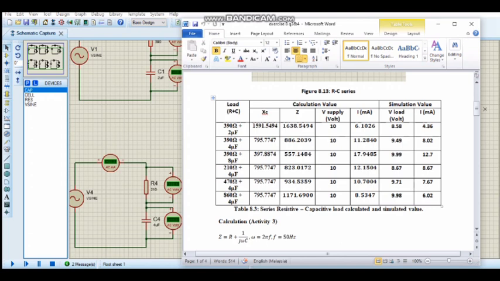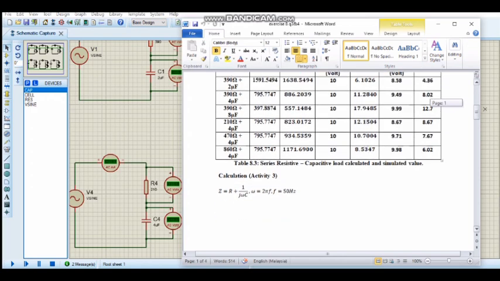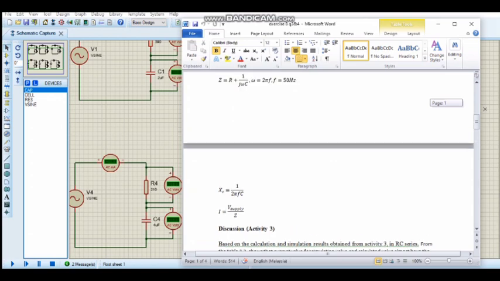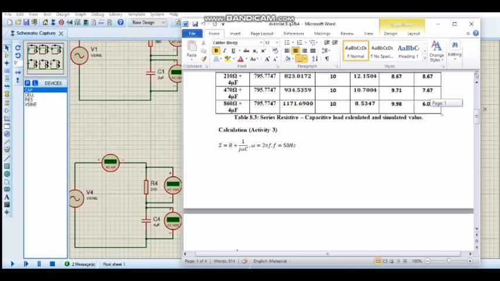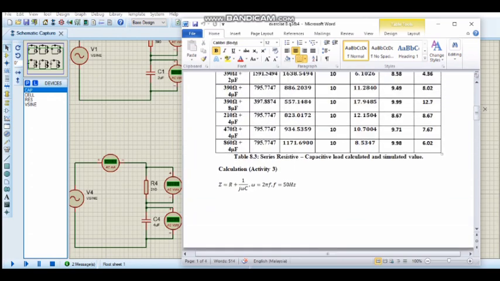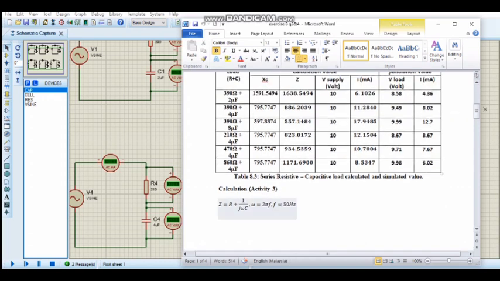For XC, the formula is 1 over omega C, and how to get the omega? Omega is 2 pi F, and F is 50 hertz. So we just insert the value and add R to get the impedance value.